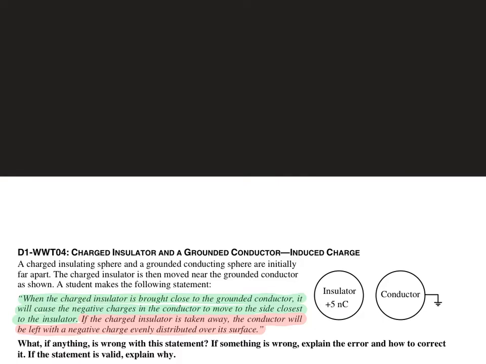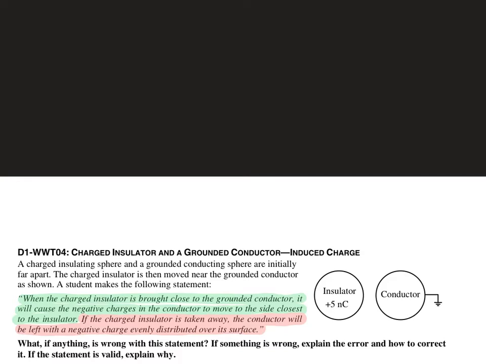It wouldn't be distributed around its entire surface. It would be where the insulator was. No, nothing will go to the insulator, they didn't touch. So the fact that it's connected to ground is why it'll just go back to ground. Because in addition to pulling free electrons that were on the conductor surface, it pulled electrons from ground.